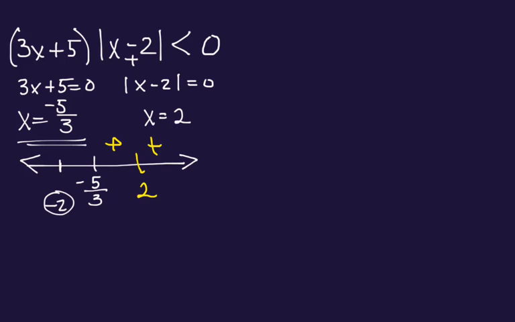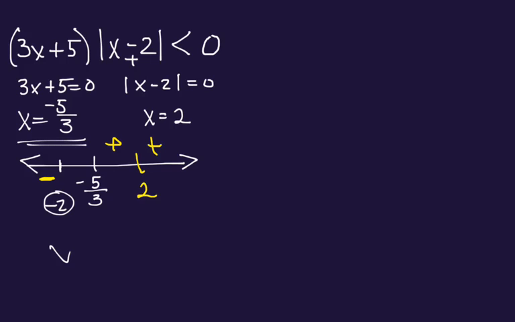If I plug negative 2 in here, what is that going to make my fraction, or this part? Negative 6 plus 5, negative 1. So it makes it negative. So this part becomes negative. If the absolute value part is always positive, then this function is going to be negative wherever the first part is negative.